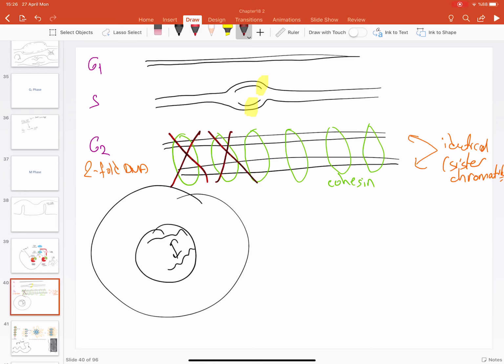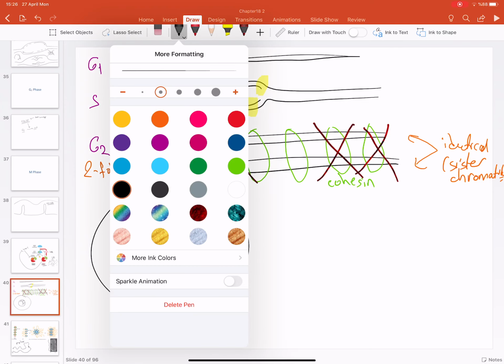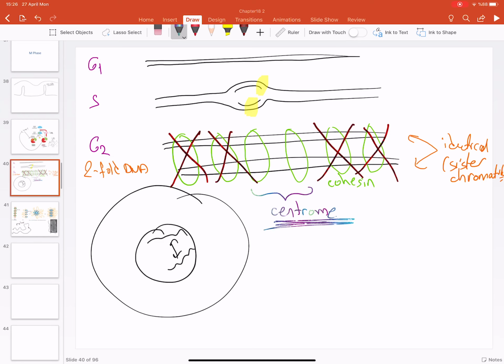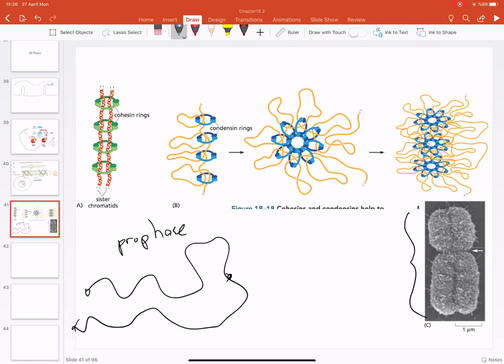They will be gone here, here. But if you break all the cohesin proteins, of course, at the end, the two sister chromatids will be separated. So not all of them will be broken. Some of them here at the centromere will be kept. These centromeric cohesins are going to keep the sister chromatids together, and this is actually what you see here.